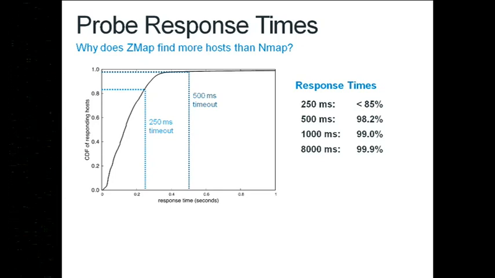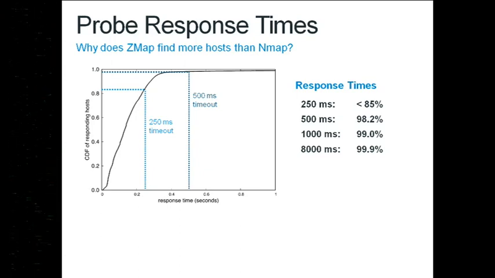So things rattle around in the network for a while and then come back. It turns out that Nmap, because it has to maintain state for each connection, including a timeout, in its aggressive modes, has relatively short timeouts. Actually, the timeouts are something like 250 milliseconds and 500 milliseconds. So Nmap is going to just give up and move on.